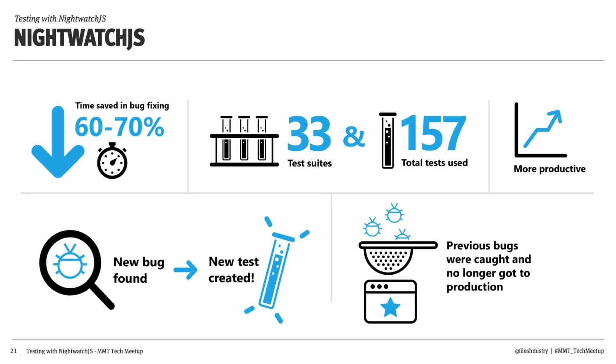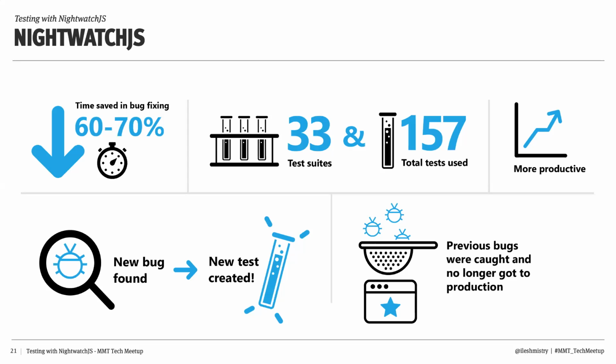What we found when running Nightwatch, and here are a couple of stats from a project, is that it actually saved time from bug fixing. There was a potential 60 to 70% of time that we saved.